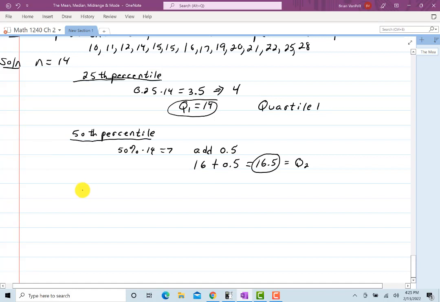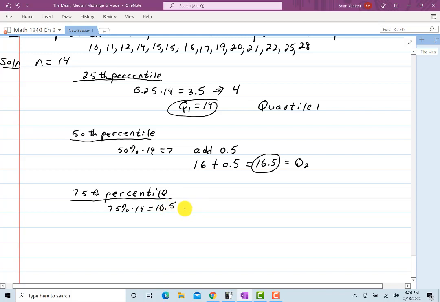And then finally for the 75th percentile, which as you might have guessed is quartile number 3. First I need to do 75% times 14, and that will equal 10.5.